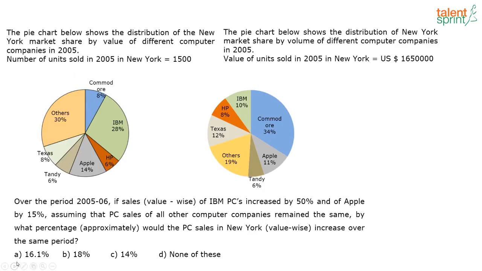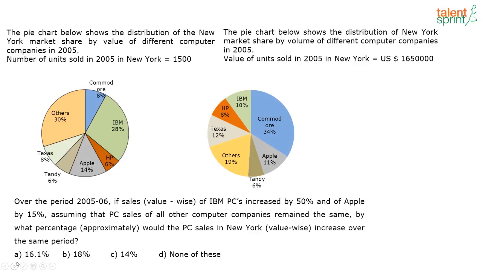Now next question. Over the period 2005-2006, if the sales value-wise of IBM PC increased by 50% and of Apple by 15%, assuming that PC sales of all other computer companies remain the same, by what percentage approximately would the PC sales in New York increase over the same period?